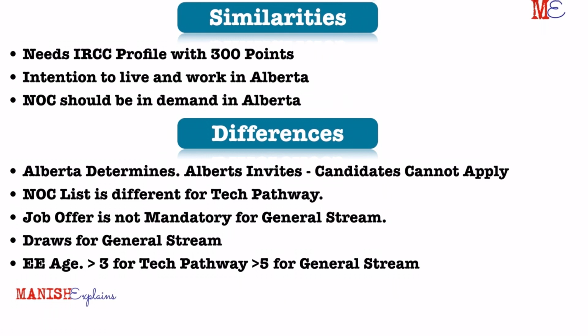So under both of these schemes, in some way or other, Alberta decides which NOC it wants. Either it picks it itself, or it has decided for the tech pathway that these 20-30 NOCs are in high demand, if anybody wants to apply.